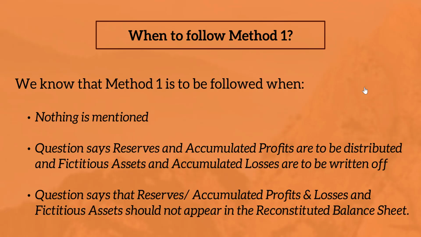We know that method 1 is to be followed when either nothing will be mentioned or the question says reserves and accumulated profits are to be distributed and fictitious assets and accumulated losses are to be written off, or the question may say that reserves, accumulated profits and losses and fictitious assets should not appear in the reconstituted balance sheet.